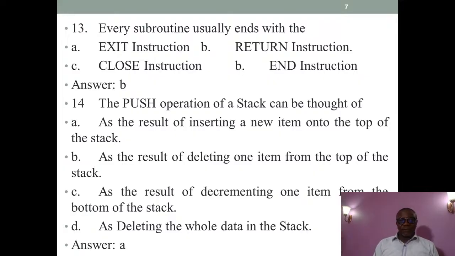If you find a way of carrying the things up to remove the first one you washed, it becomes first in, first out. Now, when the computer is working and making use of this stack, it uses two commands to operate there. One is the push command, the other is the pop command. So this push command means that you are inserting a new item onto the top of the stack. Now, I want you to imagine that the stack needs a spring under.